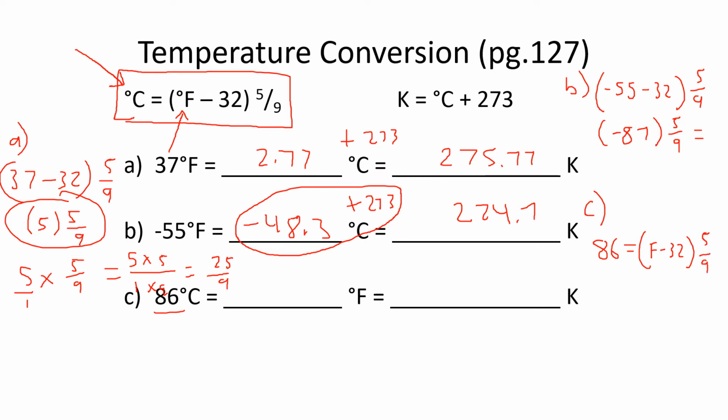So I'm going to multiply by 9/5 on both sides. So we got 9/5 times 86 equals F minus 32. To get rid of this guy, I just multiply by its reciprocal. If I do it on one side, I have to do it to the other side.